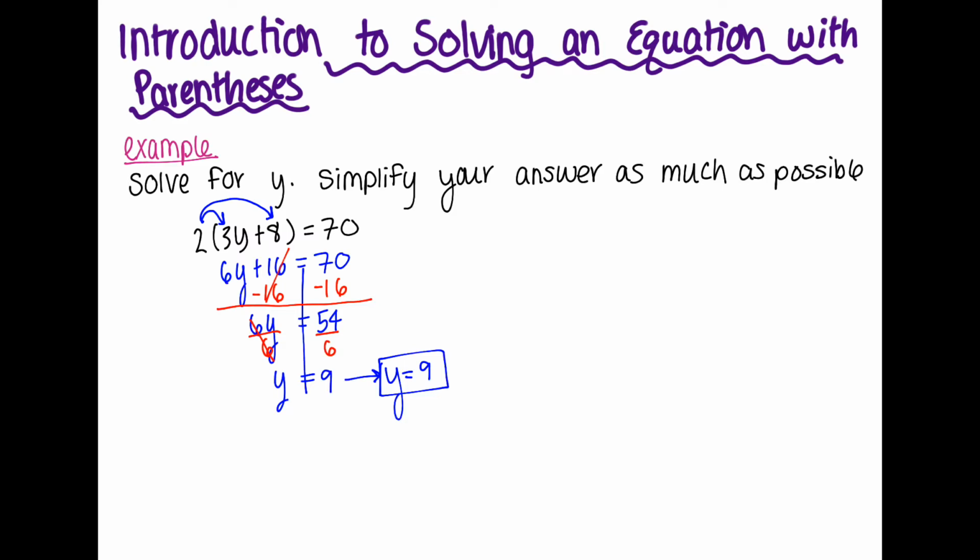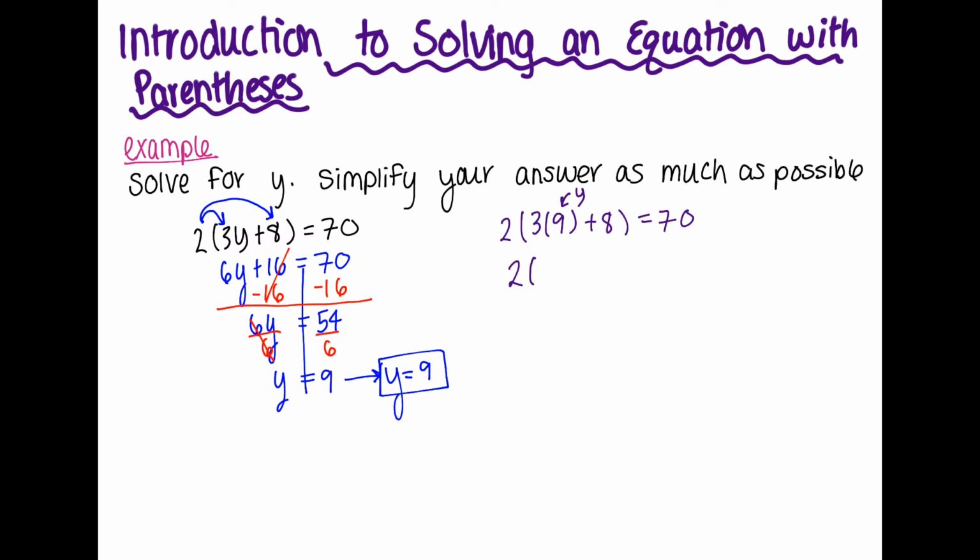I'll go ahead and check it for this first one, and then for the rest of the examples, I won't check it. So I'm going to take this y equals 9, and I'm going to plug it in instead of y here. So we have 2 times 3 times 9, so that was my y, the 9, plus 8 is equal to 70. You can plug this in your calculator.